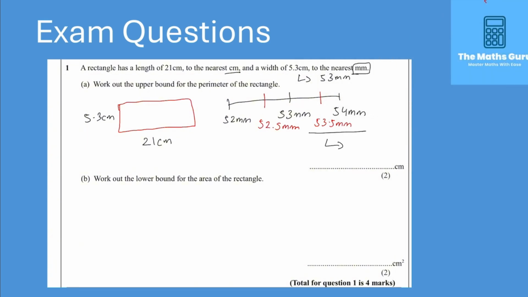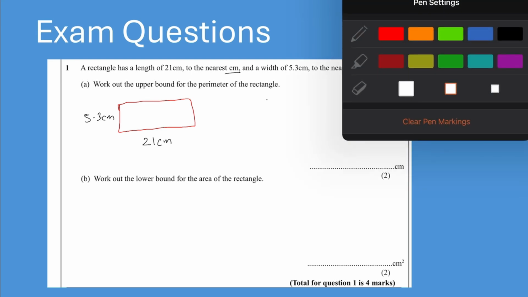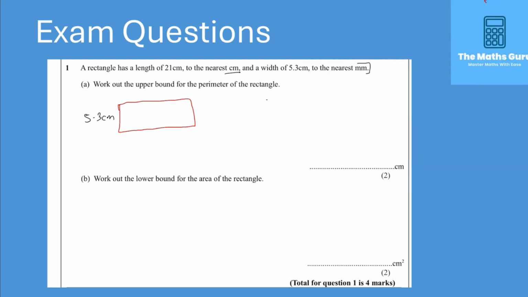So I'm going to convert this back into centimeters, which is going to be 5.35 centimeters. Now, we can change our rectangle to represent the upper bound values. So our upper bound for the length was 21.5 centimeters, and our upper bound for our width is 5.35 centimeters.